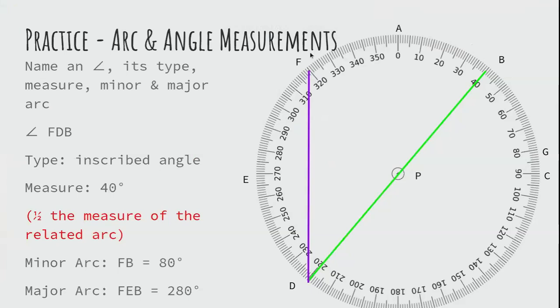The part between F and B. So if this arc is 80, then the inscribed angle is half of that, so it's 40 degrees.